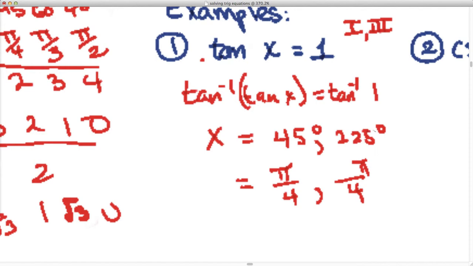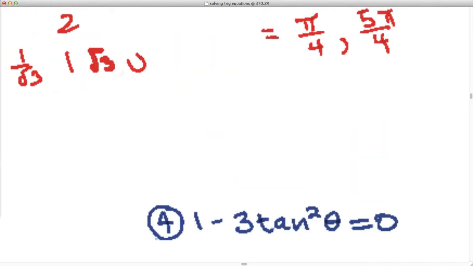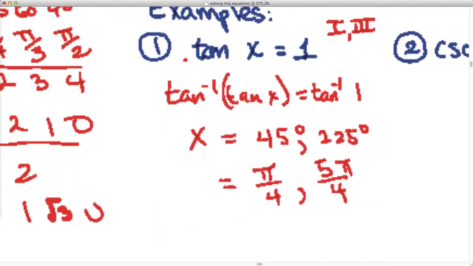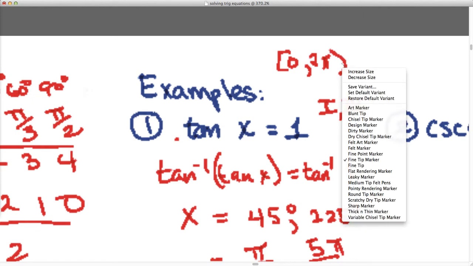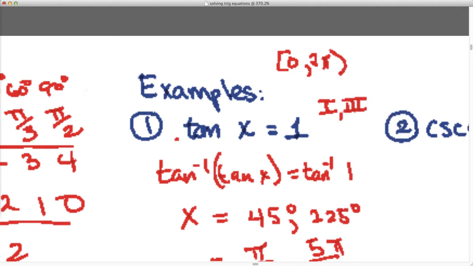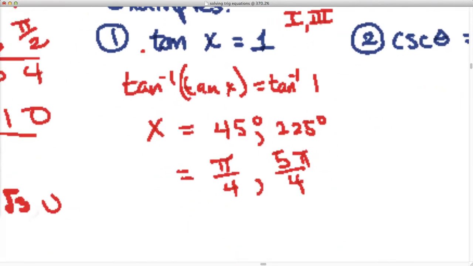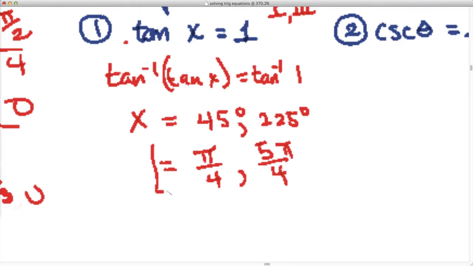If you remember the relationship between top and bottom, the third quadrant is going to be 1 more. So all these problems, I'm sorry, are restricted 0 to 2 pi. I'll redo these problems without the restrictions, but for now we're going to do them with restrictions. So you're done, and you move on to the next problem.